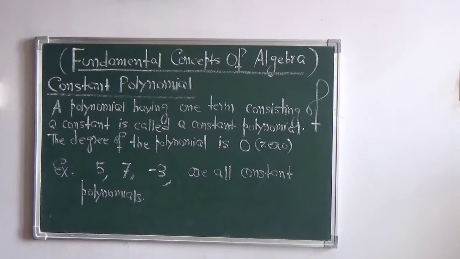Okay, so we have different types of polynomials: linear, quadratic, cubic, and now we have come to know what a constant polynomial is. Hopefully you have understood this.